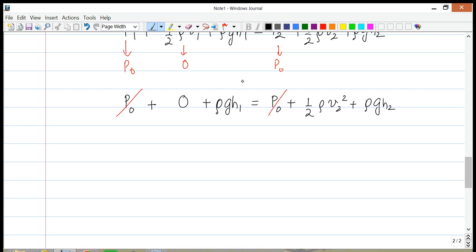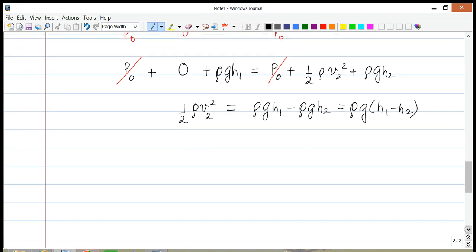We can move the rho g h2 to the other side and rewrite the equation as 1/2 rho V2 squared equals rho g h1 minus rho g h2, and this is equal to rho g times (h1 minus h2). And V2, you see the rho will cancel out, the half can be moved to the right-hand side, and we can write V2 equals the square root of 2g times (h1 minus h2).